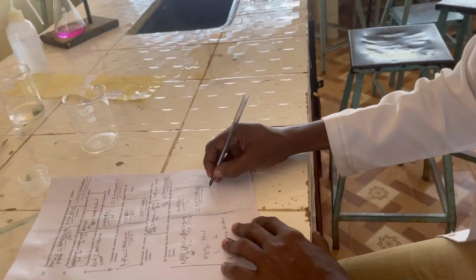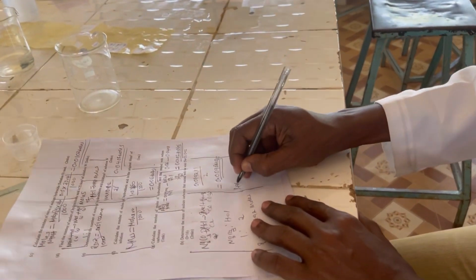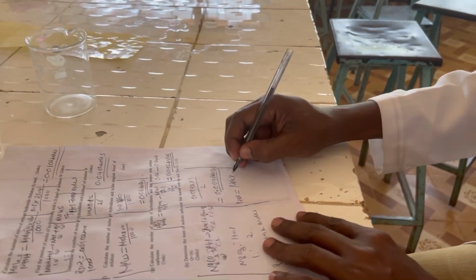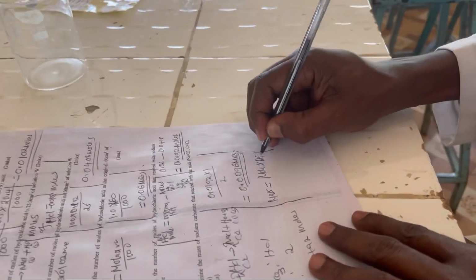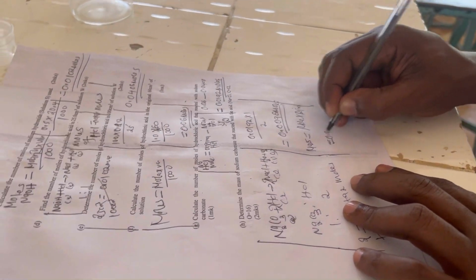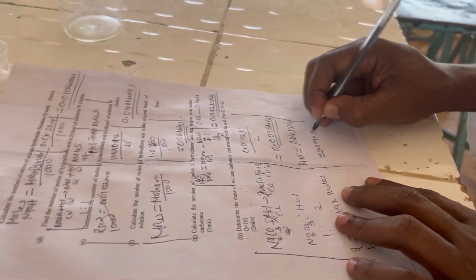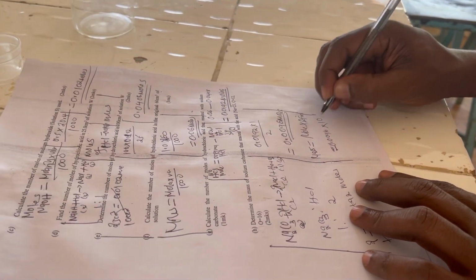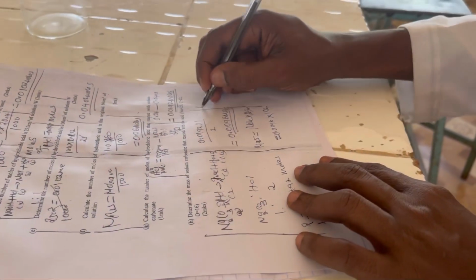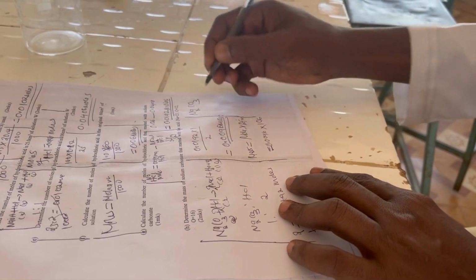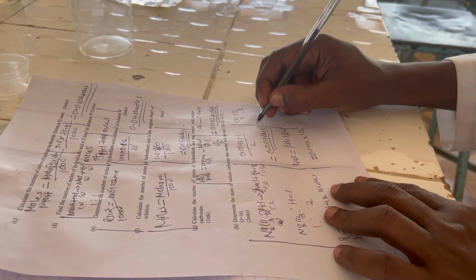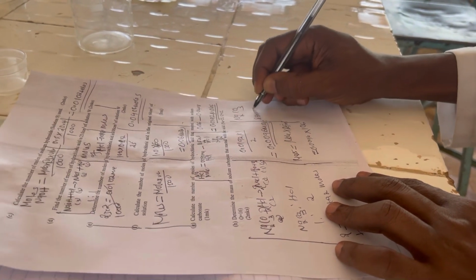But the question was not this. The question was the mass. So mass will be equal to moles times RFM. The moles of the carbonate was 0.0096 times the RFM, which was 106. If you want to know how 106 comes about, you see there are 2 sodium, so sodium is 23 times 2, that's 46.